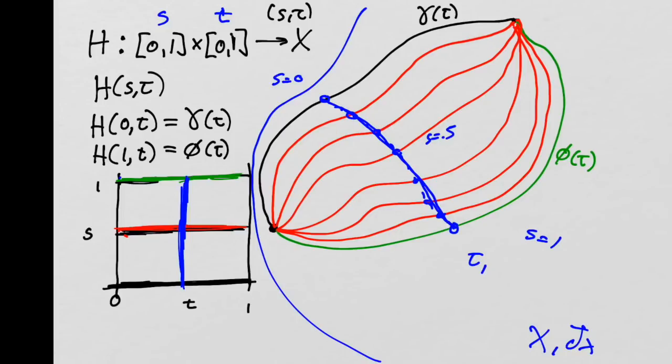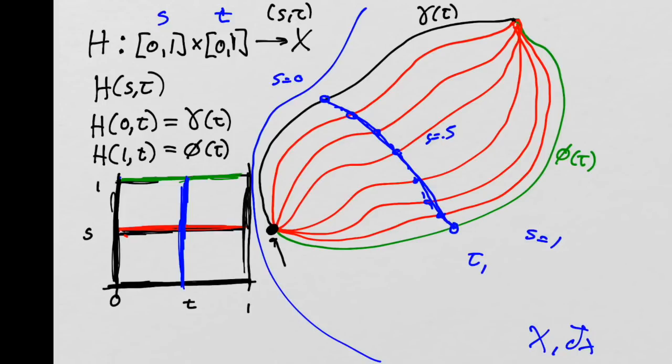And that's exactly what T is. T is where you are on the path, and S selects the actual path you're on. But what's really interesting here is this line here, right? That is the constant map that only maps to this point, right? When T equals 0, every one of these paths starts at that point.